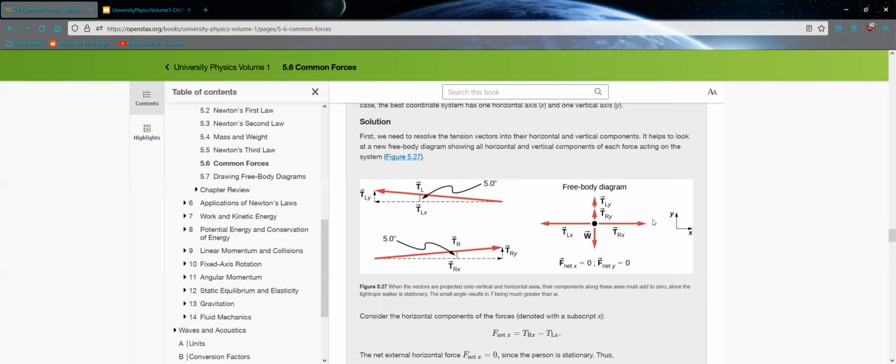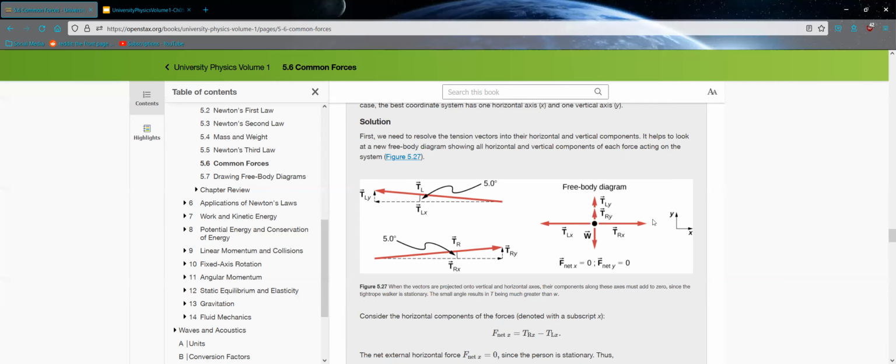The left and the right, the tightrope walker is not moving left or right. So those two are equal in the X direction, but the weight pulling him down is exactly equaled by the Y components of the rope pulling him back up, Newton's third law of motion. And since Newton's first law of motion, if you're not moving, you have no net force, that tells you F equals ma, F is 0. Sorry, A is 0.